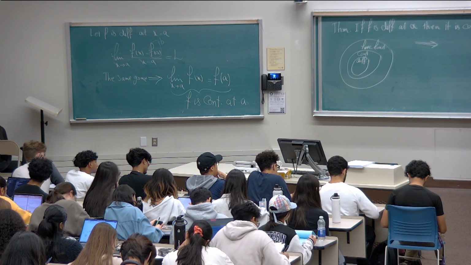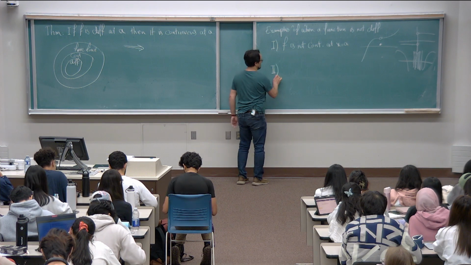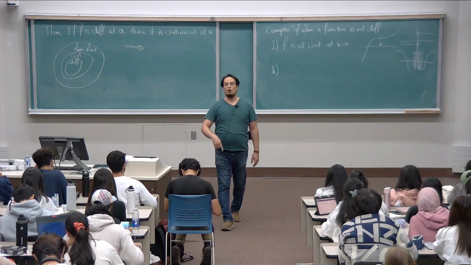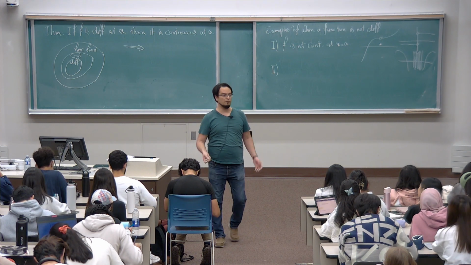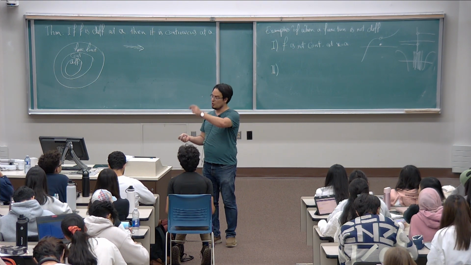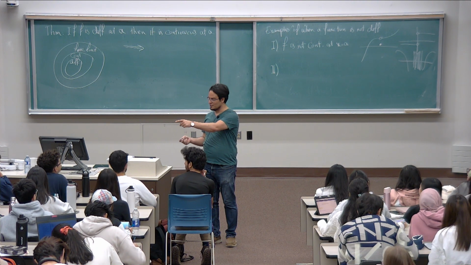Second, examples that are continuous but not differentiable. One group of those are the ones that have a sharp turn, or what was it?